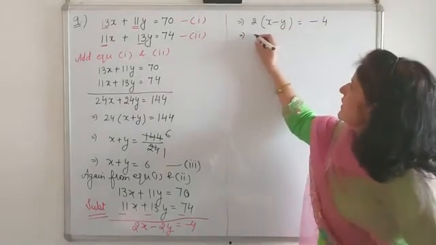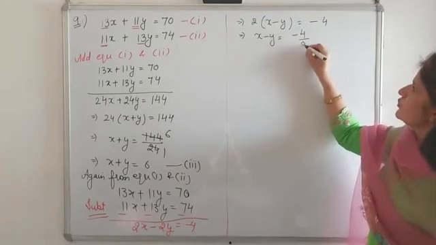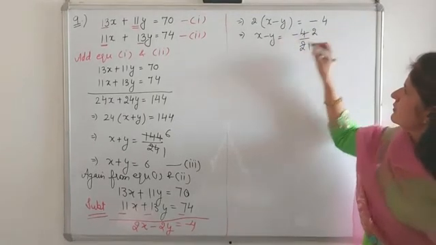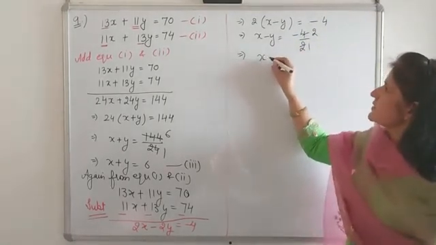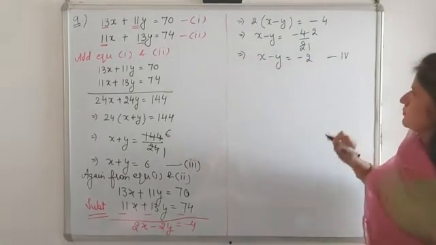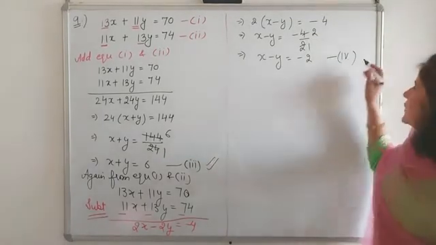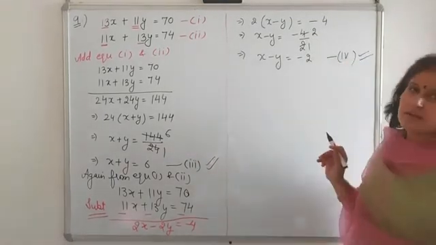So what is x minus y? Minus 4 over 2. So x minus y is minus 2. This is equation 4.